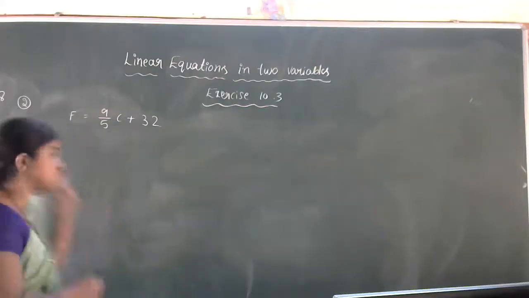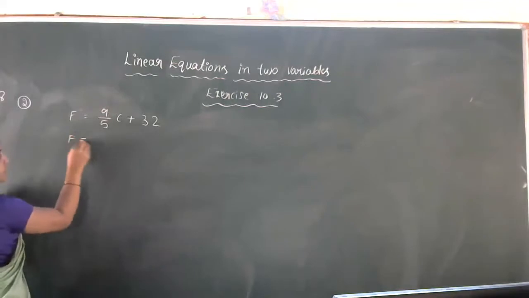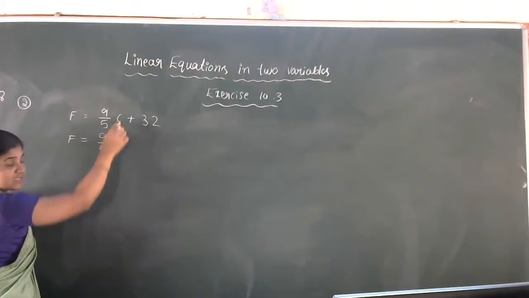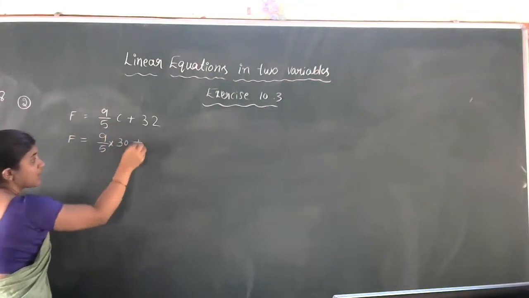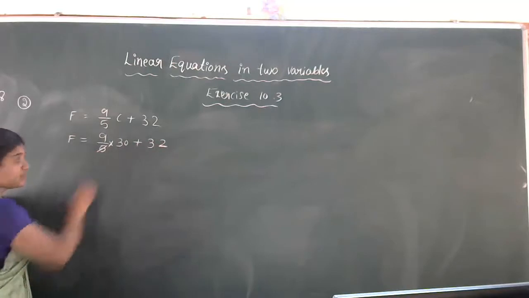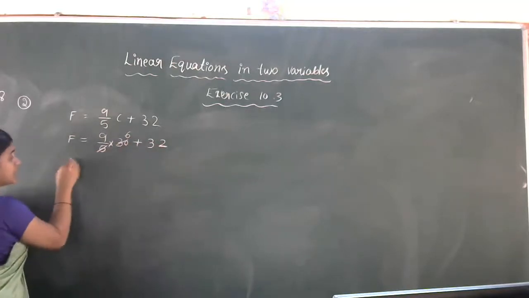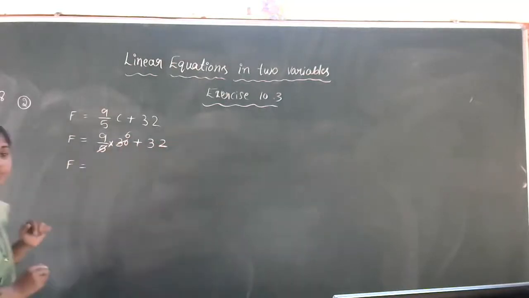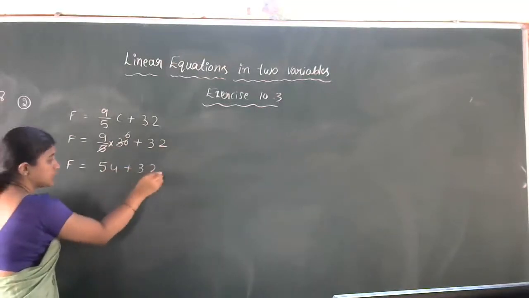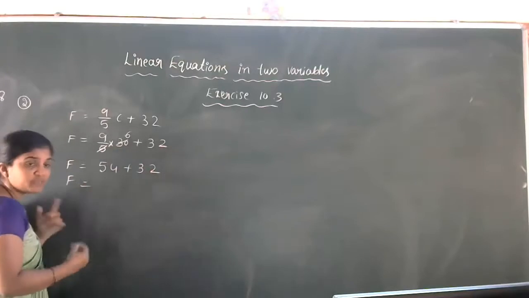So the temperature is 30 degrees Celsius. Now what is the value in Fahrenheit? 9/5 into the Celsius value given, that is 30 degrees, plus 32. 5 sixes are 30, so F is equal to 54 plus 32.